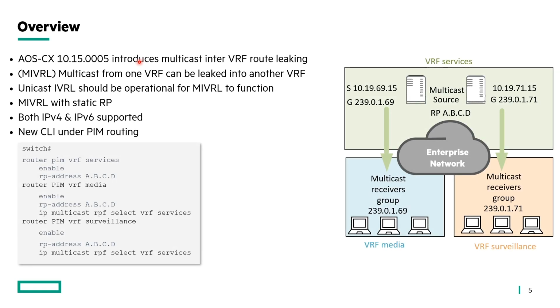In 10.15.0005, we've now introduced multicast Inter-VRF route leaking. That basically means that multicast from one VRF can be leaked into another VRF. In this example on the graphic, we've created a services VRF, and this is feeding two different VRFs, a media VRF and a VRF called surveillance.